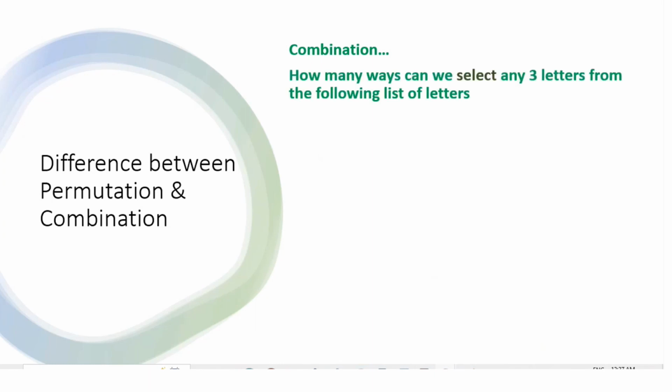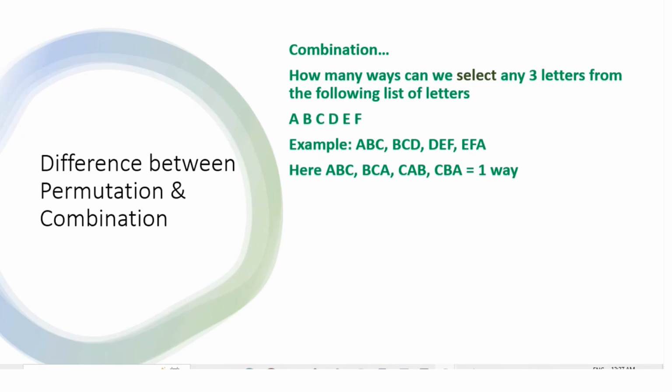So what is a combination? The number of ways in which we can select 3 letters from the following list of letters. The list of letters starts from A till F. If I give you certain examples, it's ABC, BCD, CDE, DEF, EFA. So here there are many ways, of which a few are ABC, BCA, CAB, CBA.